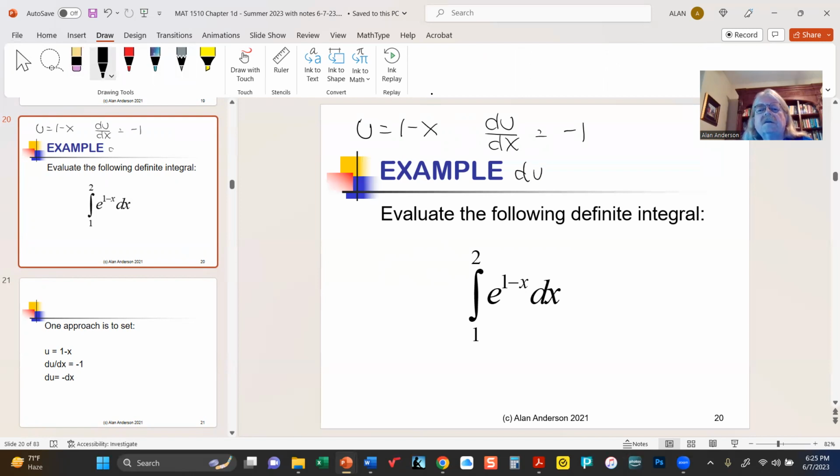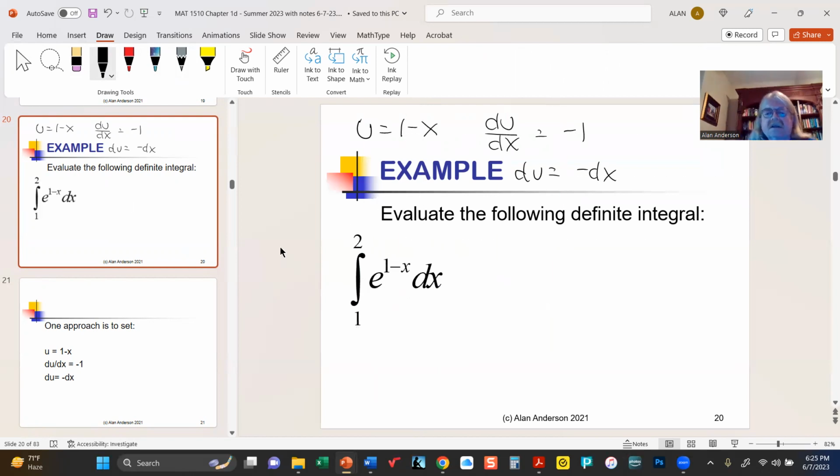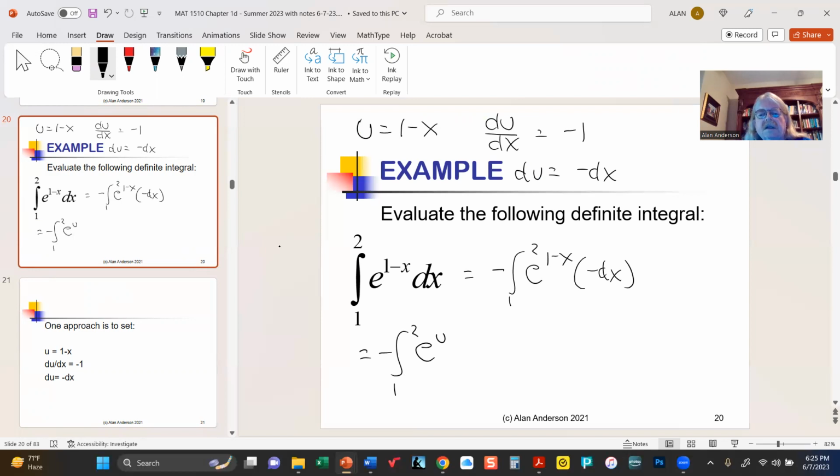So du is negative dx. We don't have a negative dx, but what we can do is rewrite this slightly. So we end up with minus e to the u du.